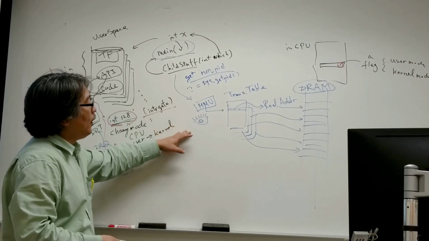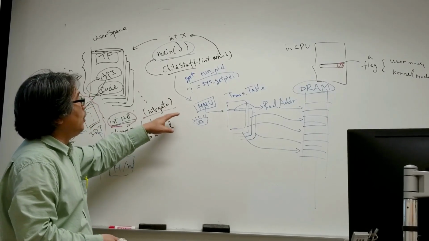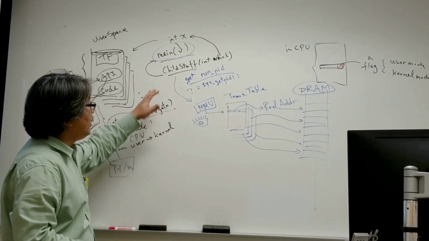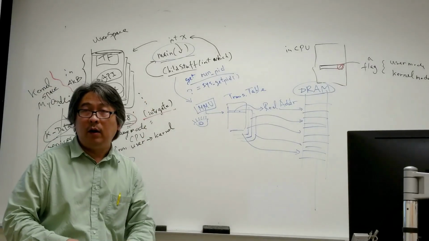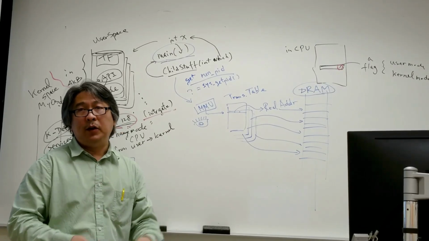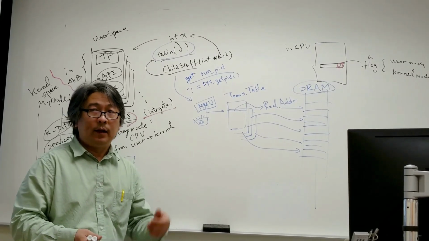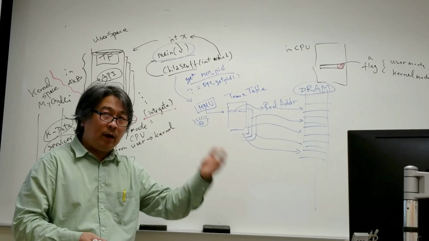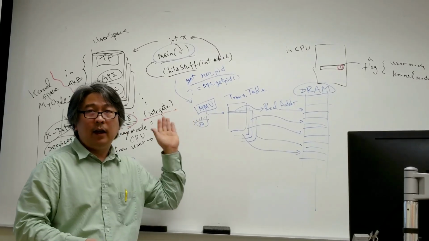Data access from the instruction is also checked by the MMU. Basically, the CPU has no knowledge about real addresses. The CPU is fed with virtual addresses, and every address going outside the front-side bus is intercepted by the MMU.